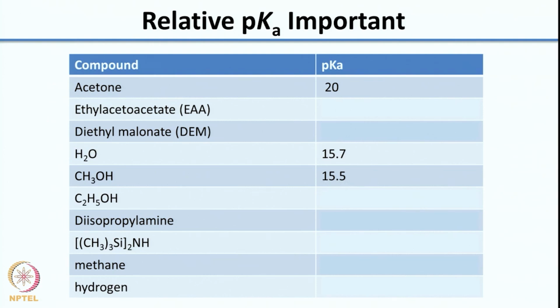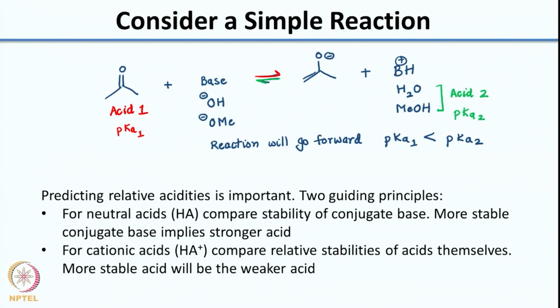So now if you look at the previous slide that we were looking at, you have the pKa of acetone. Now we have values for this. So I will put it, pKa of acetone is 20 and this is around, I would say, around 16.